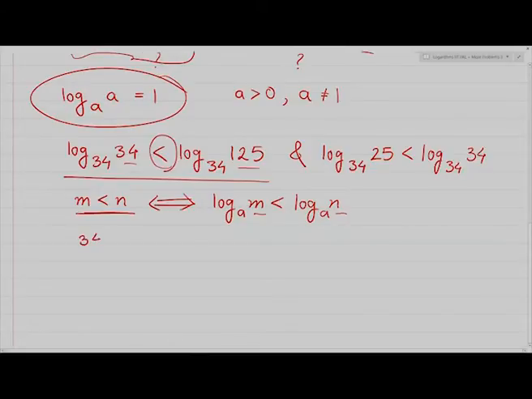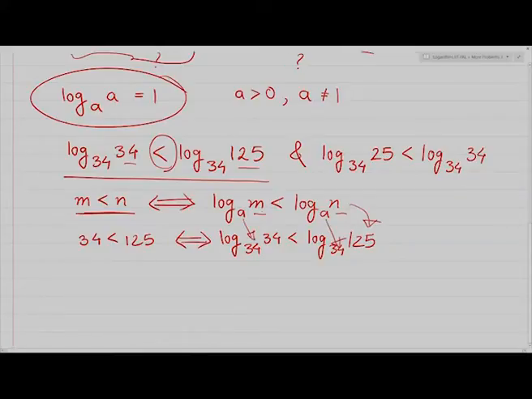So, is 34 less than 125? If I want to use this property, then we will say log to the base 34 of 34 is less than log to the base 34 of 125, right. I am just converting this property with appropriate enumerations. a is 34, m is 34 here, and n is 125 here. 34 is less than 125.